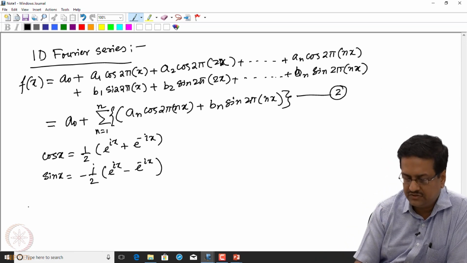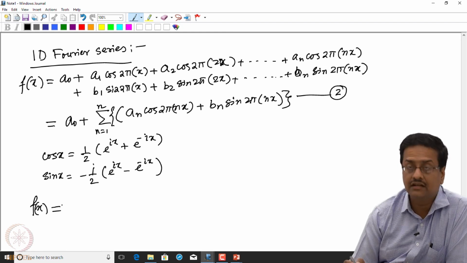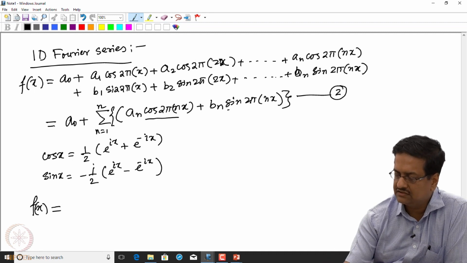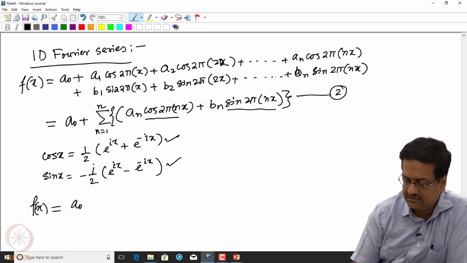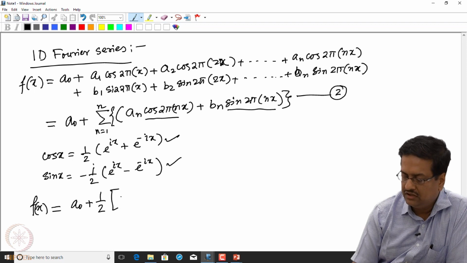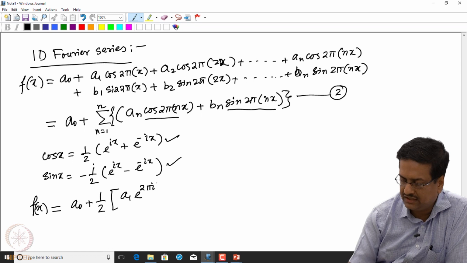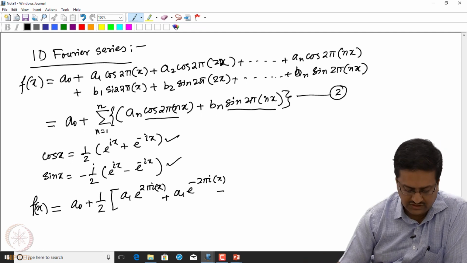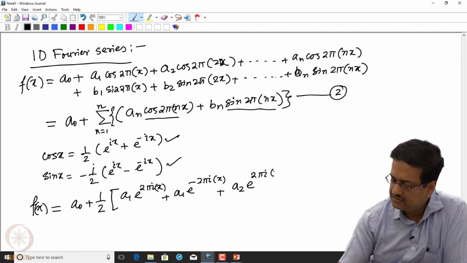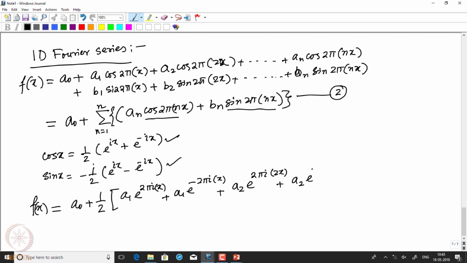Now if we rewrite the expression for f(x), which is already in cos and sine terms, using these exponential factors, f(x) will become equal to a0 plus half of a1 e to the power 2 pi i x plus a1 e to the power minus 2 pi i x plus a2 e to the power 2 pi i 2x plus a2 e to the power minus 2 pi i 2x, and so on.